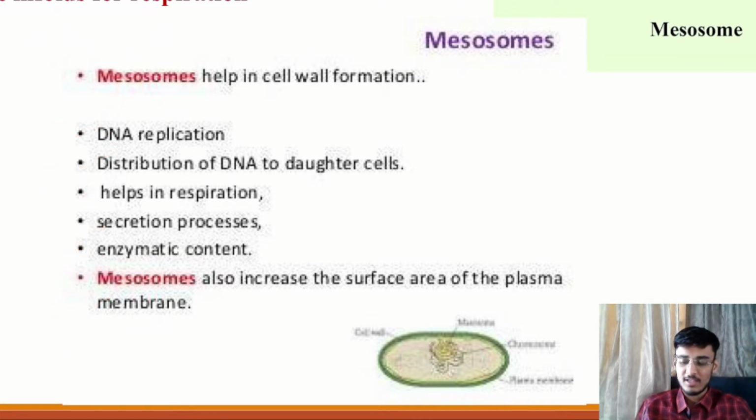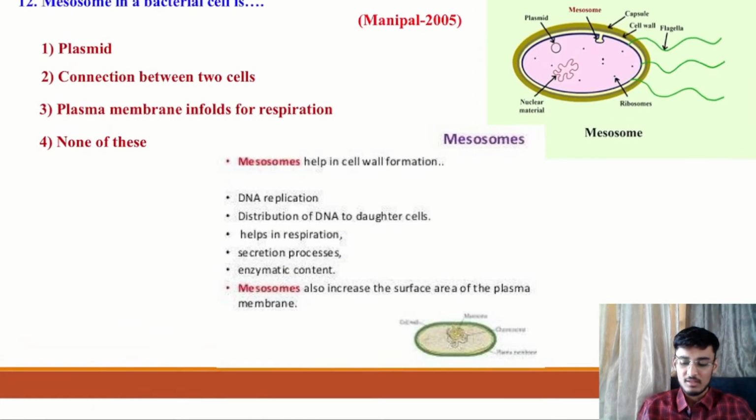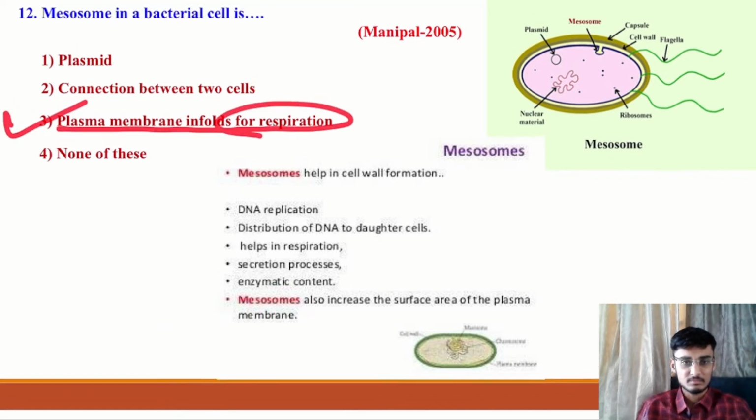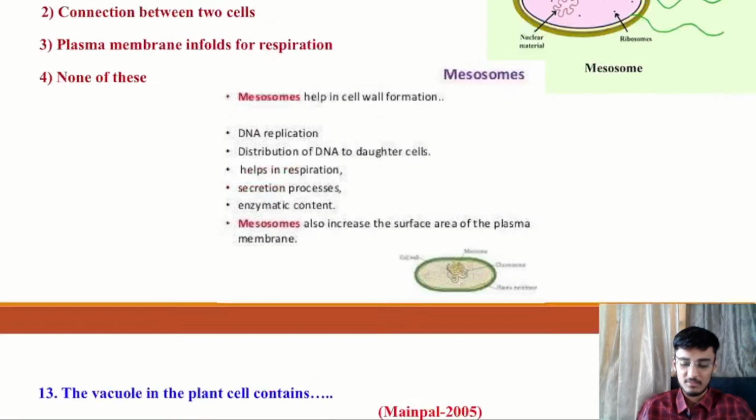Whenever there is an infolding-like structure in biology, remember it increases the surface area. Example: the cristae of mitochondria increase the surface area. So plasma membrane infolding is for respiration. Your answer should be 3.